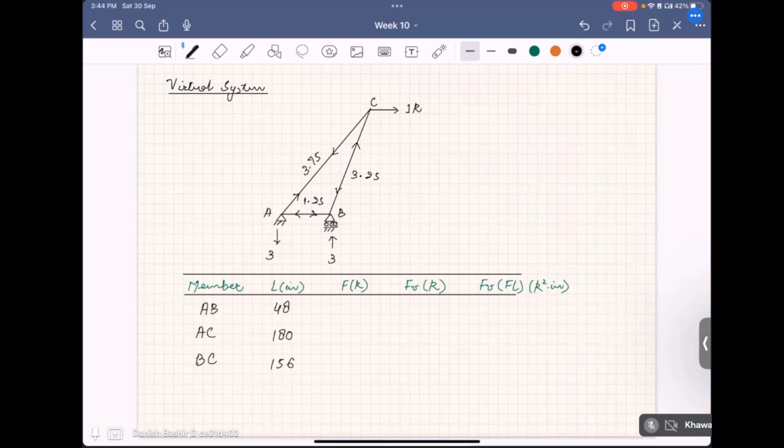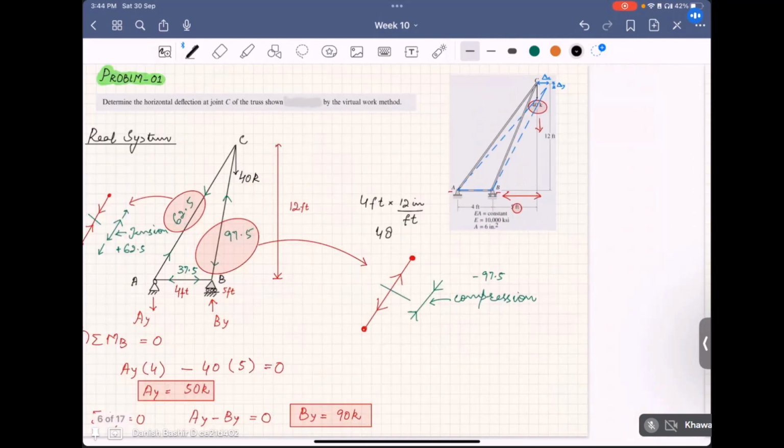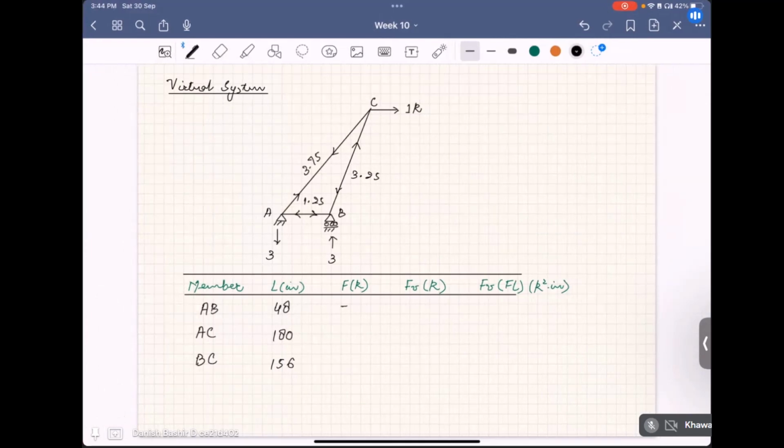Okay. So we will write the force in the real system. In member AB, we have 37.5 compressive force. I already told you how it is a compressive force. Okay. So compression is negative, minus 37.5. Similarly, writing for other members, in AC I will write positive 62.5 because it's actually pulling the member, it's a tensile force. Then minus 97.5 is in member BC.